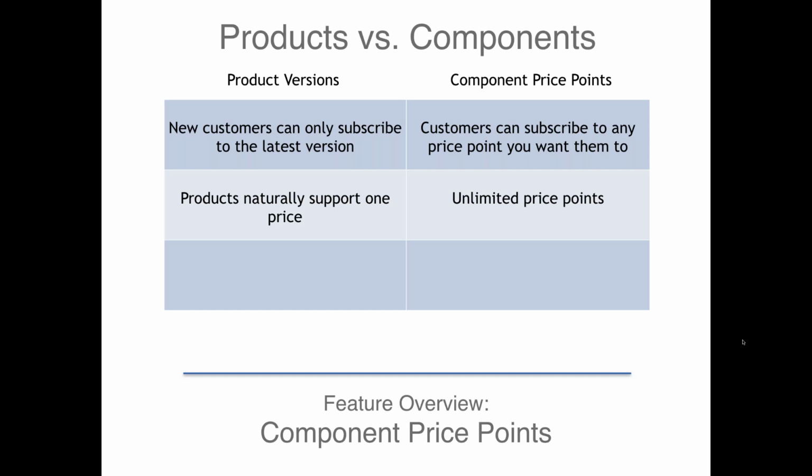Products, as you would expect, naturally support one price because that's the nature of products. Whereas with component price points, there's literally an unlimited amount of price points. And finally, the newest version of a product is always the default. Any price point, though, can be the default when you need it to be.